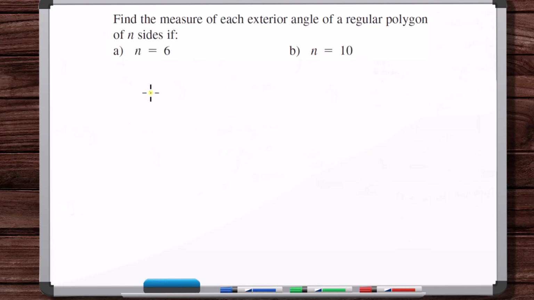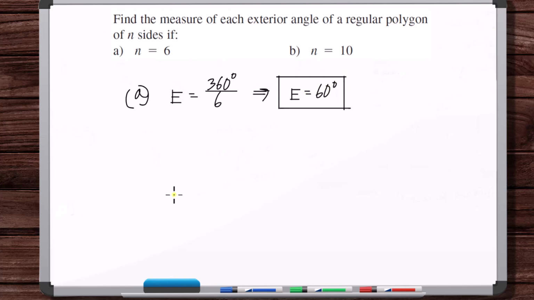Okay, same question. Here we've got 360 divided by 6. So we've got E is equal to 60 degrees. Okay, here, each exterior angle for this regular polygon is going to measure 36 degrees.